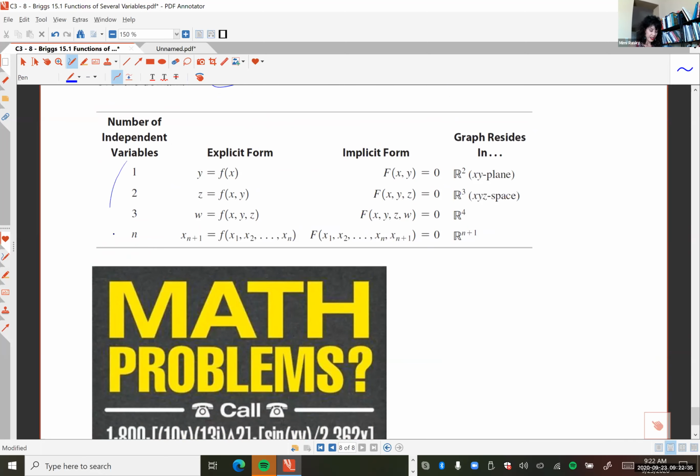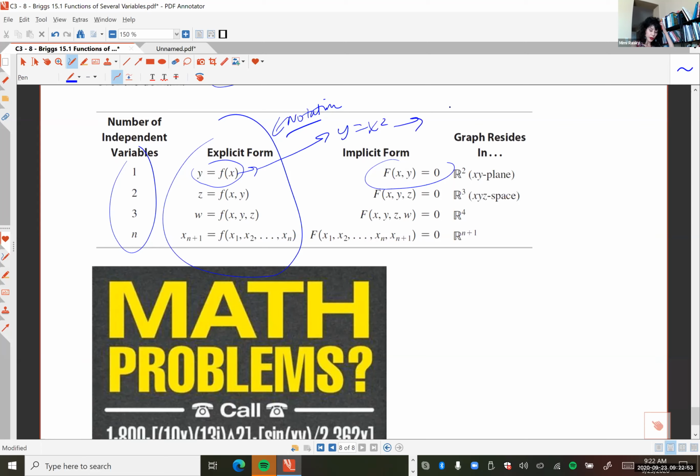So they're just giving you, here's your number of independent variables, here's the notation you would use for explicit form. Implicit form is where you get everything on one side and 0 on the other. Now, I don't know if you remember from Calc 1, but if you had something like y equals x squared and you rewrote it, where let's say you subtracted y from both sides, this is still the equation, but it's what we call f(x,y) equals 0.